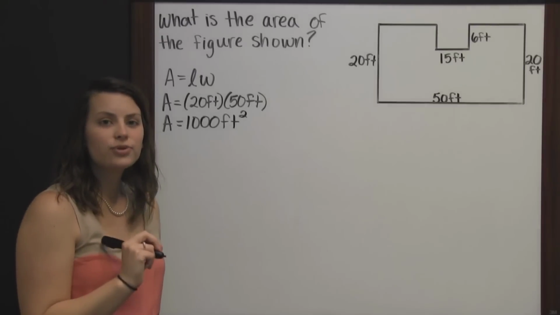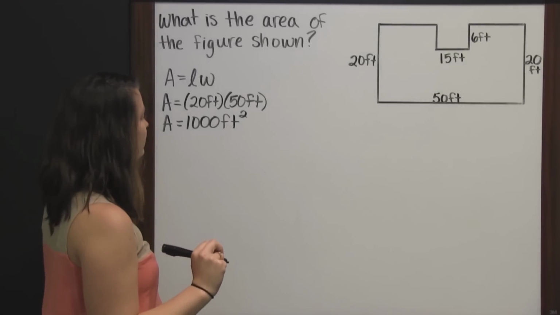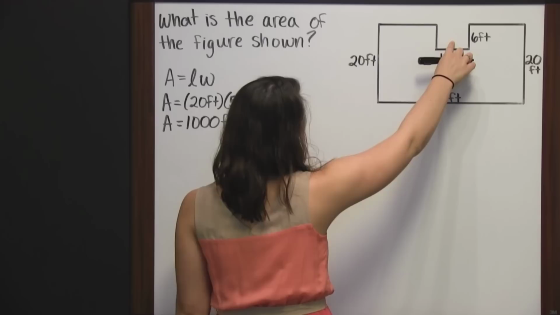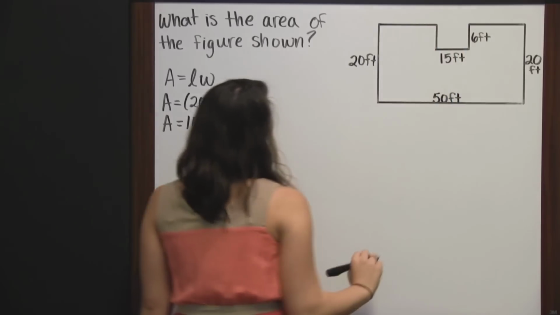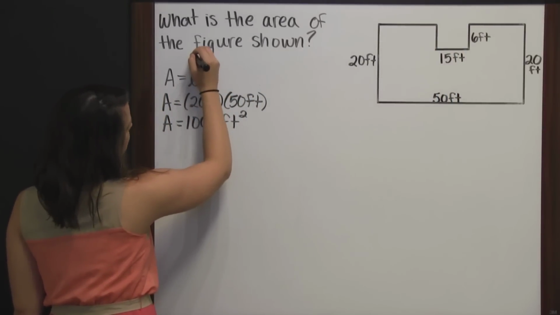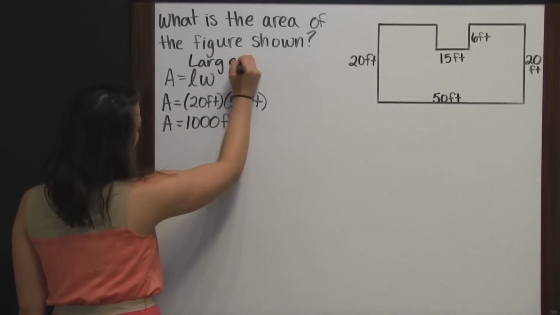So the area of the large rectangle is 1,000 feet squared. Now we need to find the area of this smaller rectangle, the only part that's missing out of our large rectangle. So I'm going to label this. This is the area of the large rectangle.